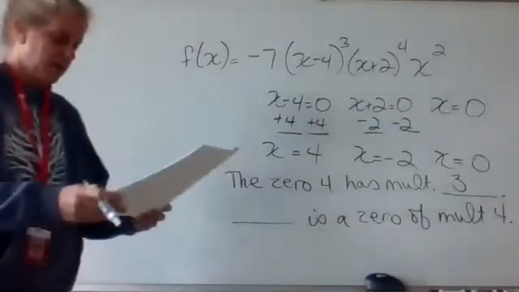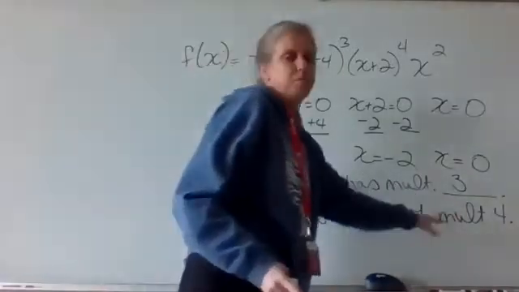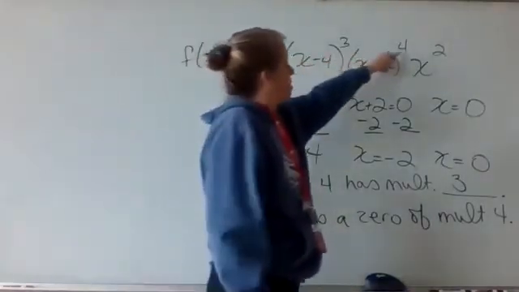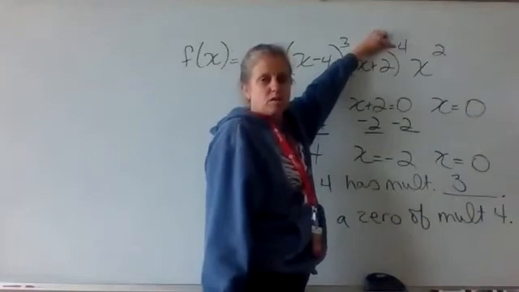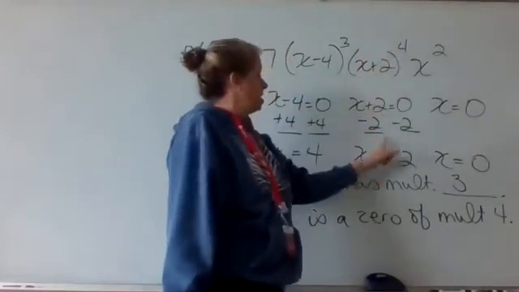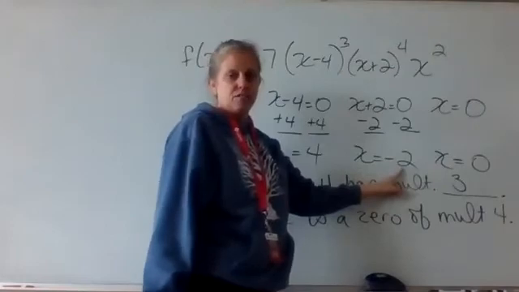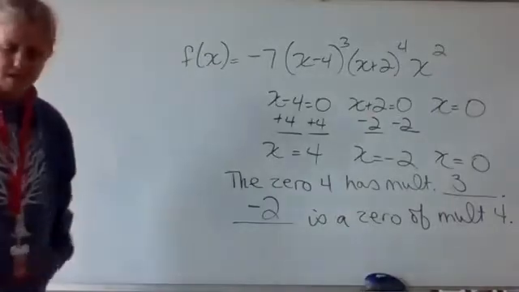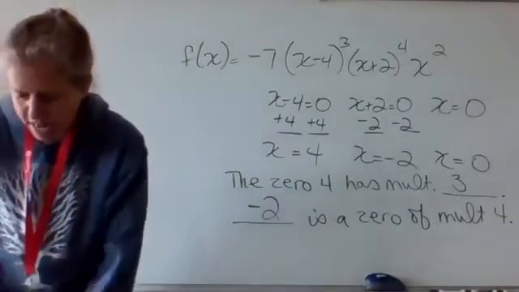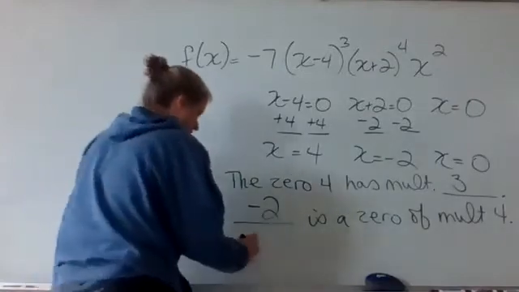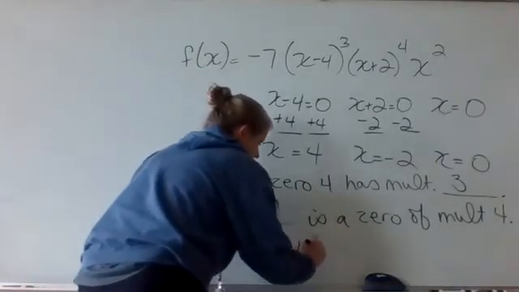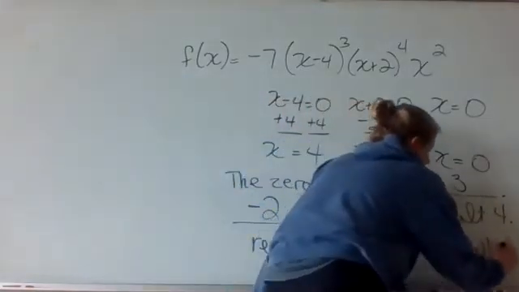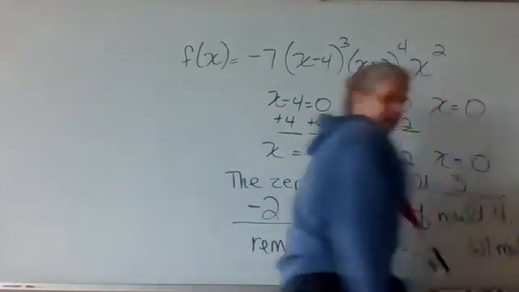Right, the next part says blank is a 0 of multiplicity 4. So what tells you the multiplicity? The exponents. So there's my multiplicity of 4. What did its 0 end up being? -2. So -2 is the one that has a multiplicity of 4. And then the last one says the remaining 0 is blank with multiplicity blank.